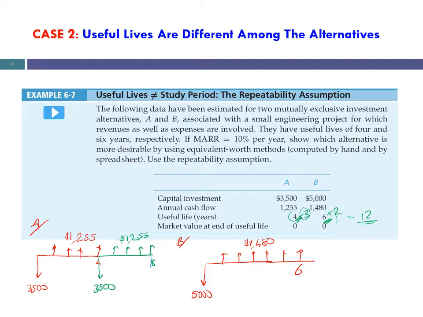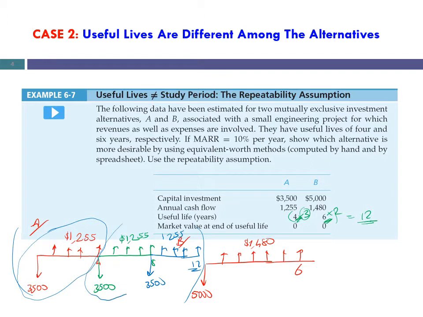So here I have 3,500 initial investment, and then for 4 years again up to 12 I have 1,255. So this is now the cash flow of project A for 12 years. And the assumption here is that the first repetition of the project will provide exactly the same cash flows as the second repetition, and it will do the same with the third repetition.